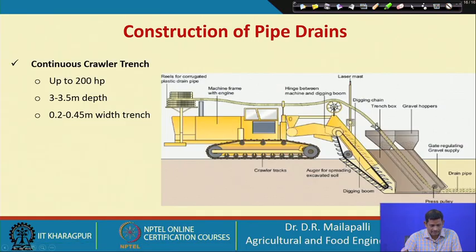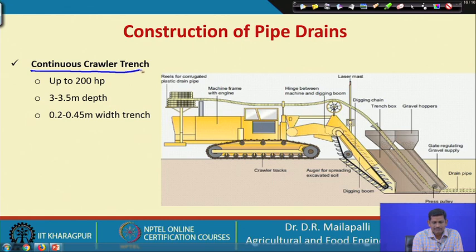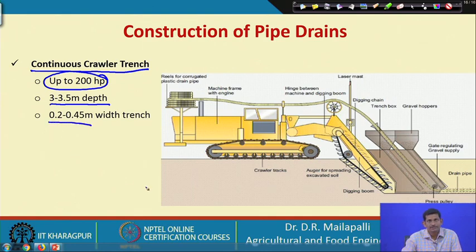The next is the continuous crawler trencher. This is up to 200 HP and it can make 3 to 3.5 meter deep trenches, 0.2 to 0.45 meter wide.